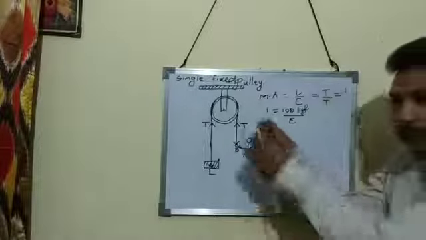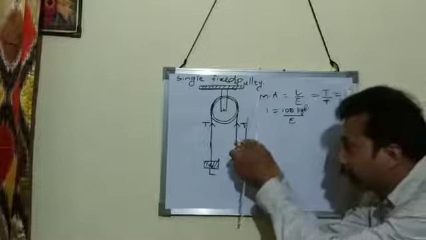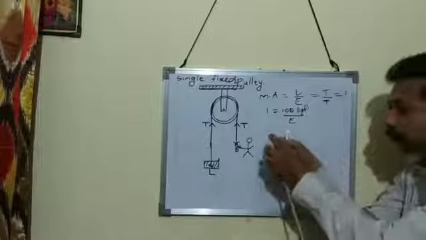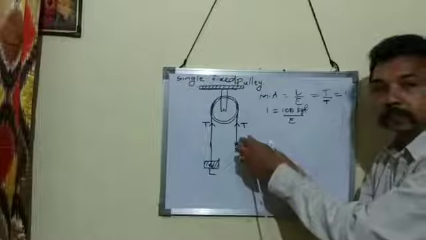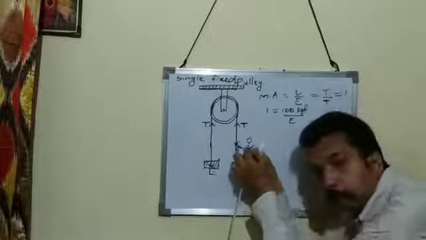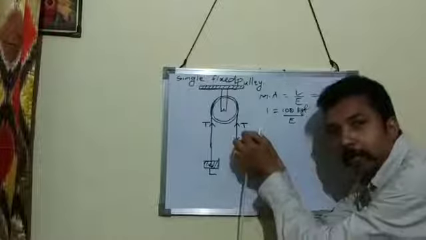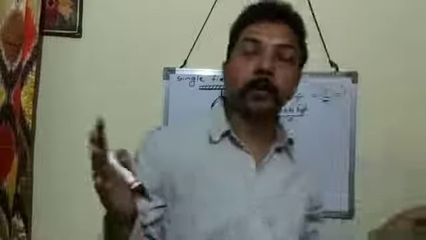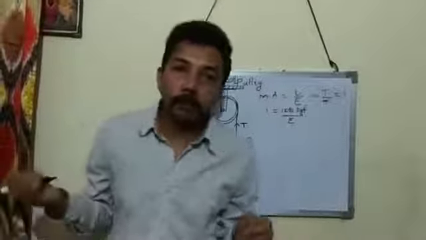So one advantage is that effort can be applied in downward direction. The second advantage is we can hang on this rope, which means along with the effort, we can put our body weight. These are the advantages of using a single fixed pulley.